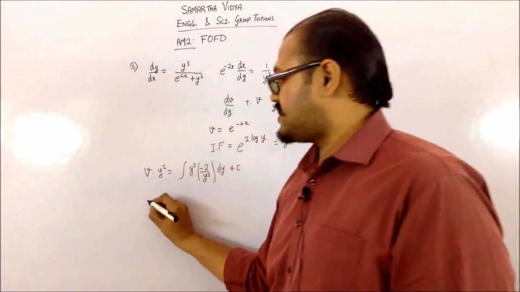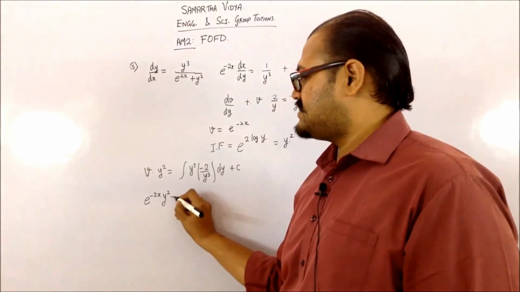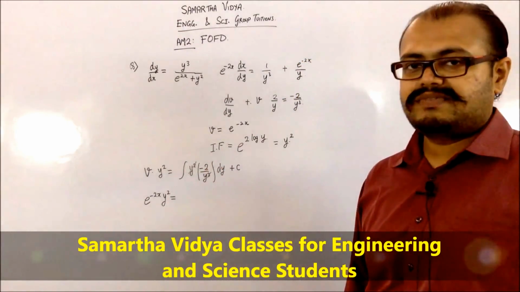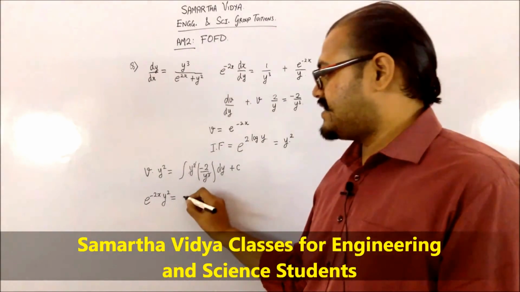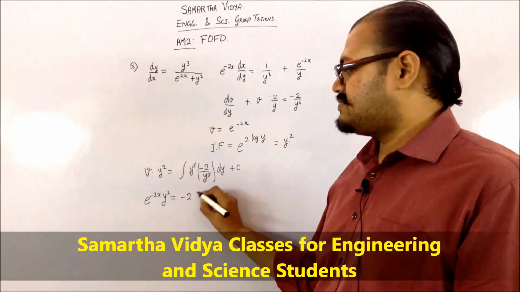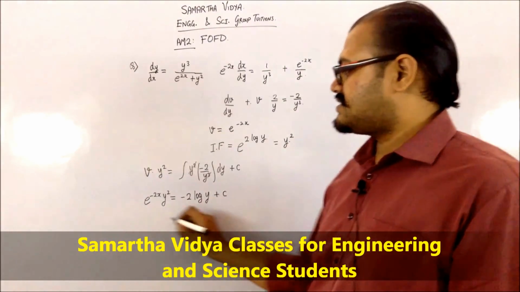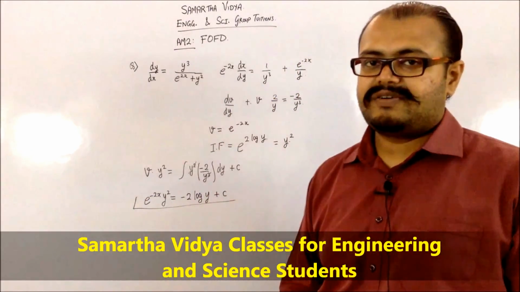So v was your e raised to minus 2x. Y square is equal to, you can see that y square gets cancelled with the y cube term, so only one y is left in the denominator. When you take the integration of it, it's going to be minus 2 log y plus c. So this becomes the solution for the differential equation.